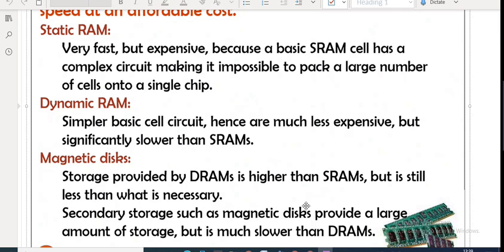So what is the meaning of cost per bit? All the data stored in main memory is in the form of arrays of cells. Each cell is capable of storing one bit of information. I will tell you what the rows indicate and what the columns indicate, and we are going to discuss that in detail.